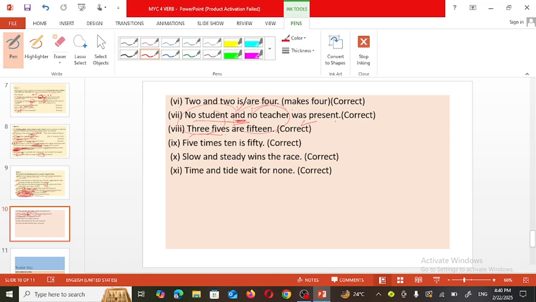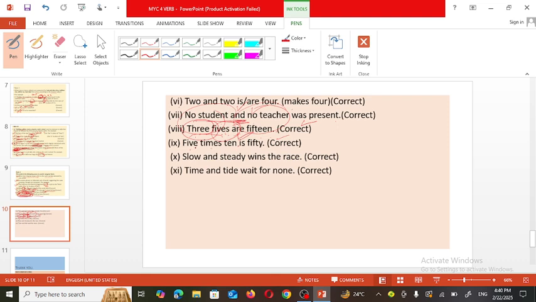Next, three fives. Three fives means three should be taken five times, and that's why it should be considered as a plural, and accordingly the helping verb must be taken. So three fives means if we take three five times, they make 15. So three fives are 15. Correct.